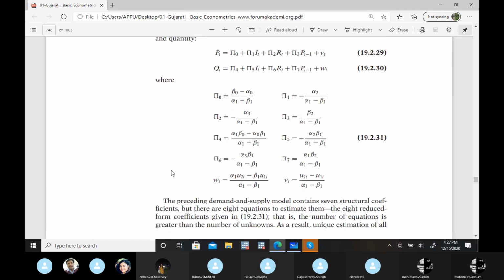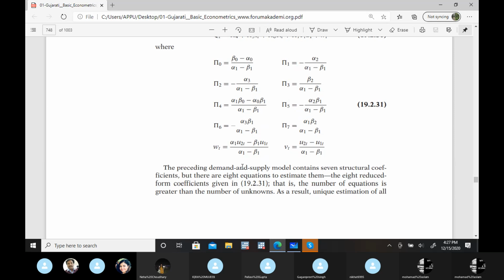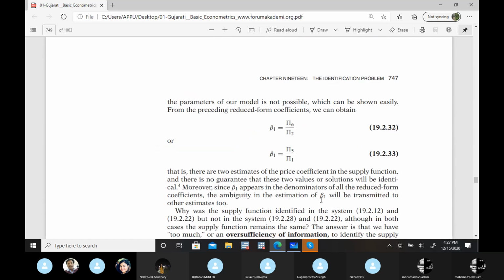So in this particular case, in the demand supply model there are 8 structural coefficients to estimate and 8 reduced form coefficients. The number of equations is greater than the number of unknowns. As a result, unique estimation of all the parameters of the model is not possible, which we can easily find out with this. For example, for this beta 1, 2 values are there.